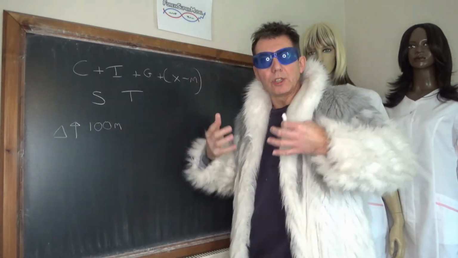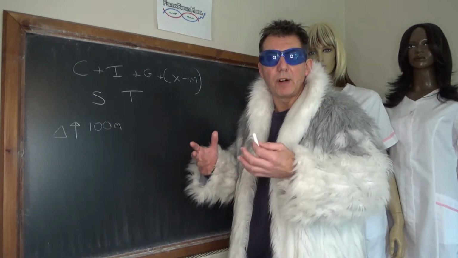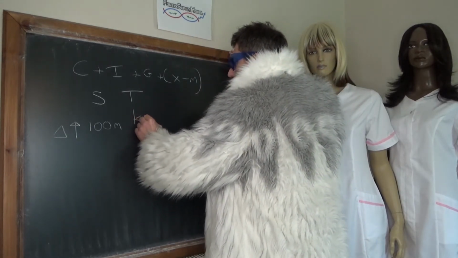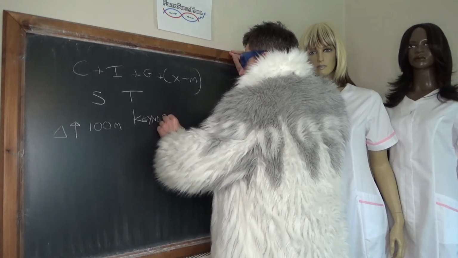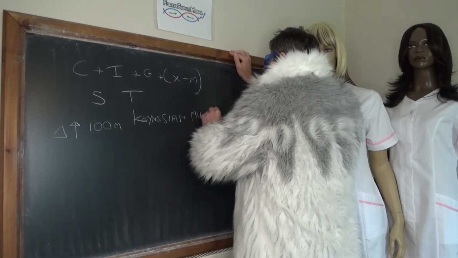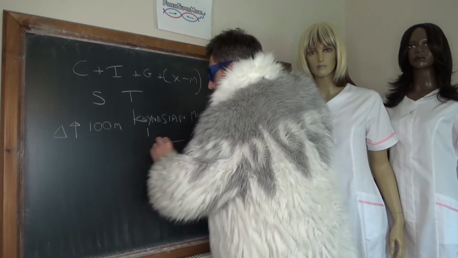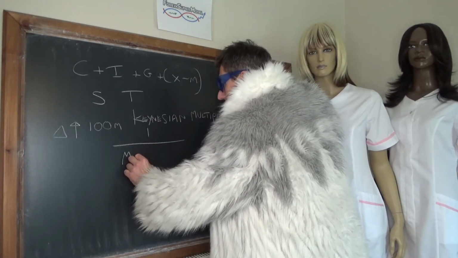We don't just get a 100 million increase, we get it via a multiplier, and we get this Keynesian multiplier. Now, in simple terms, the Keynesian multiplier is 1 over the marginal rate of leakage.